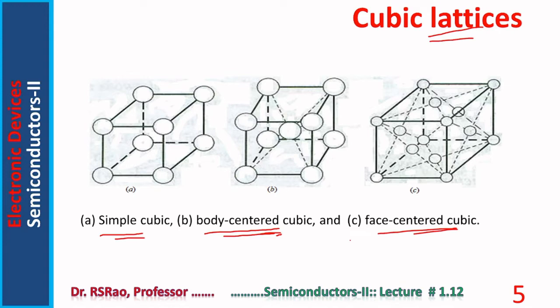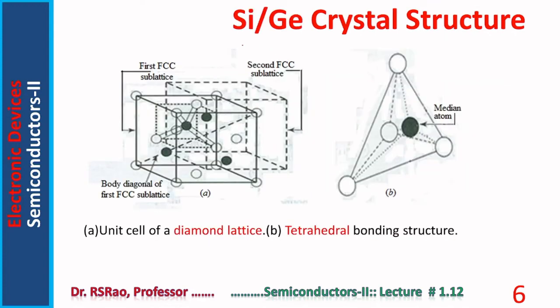Face-centered. Each face of the cube now has one more atom at its center, in addition to 4 at the corners. A few points regarding crystal structure of silicon and germanium.